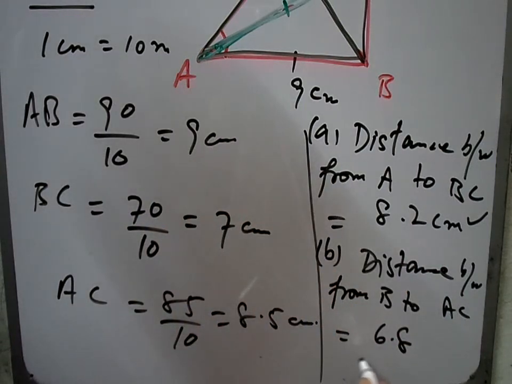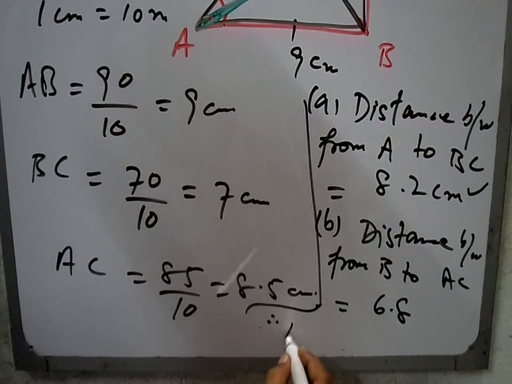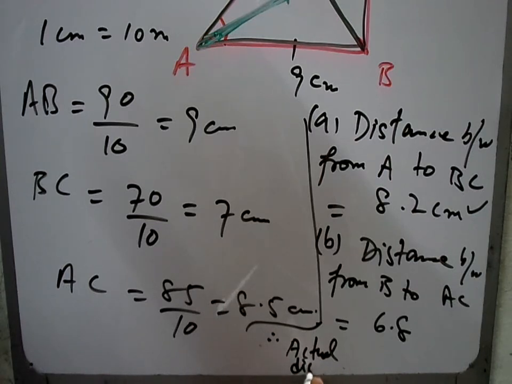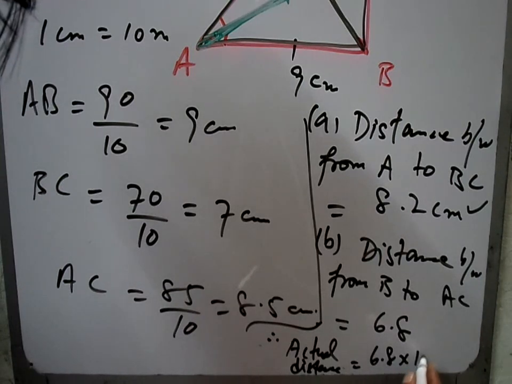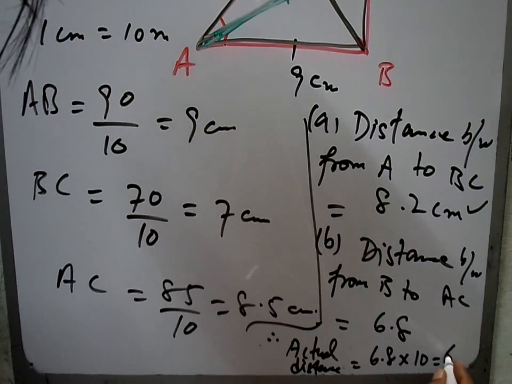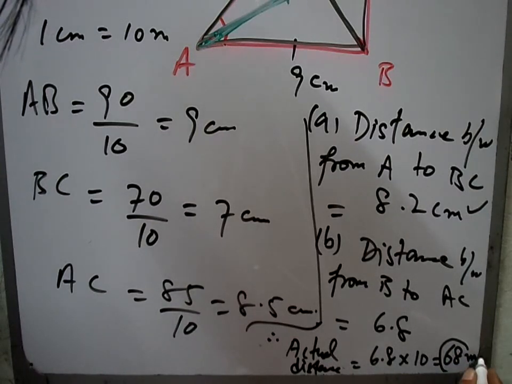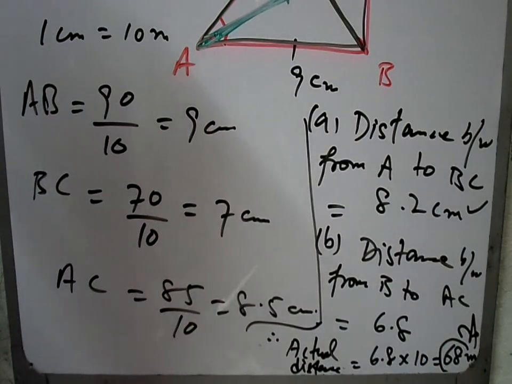So therefore actual distance will be equal to 6.8 multiplied by 10, you will get approximately 68 meter. So that is your result.